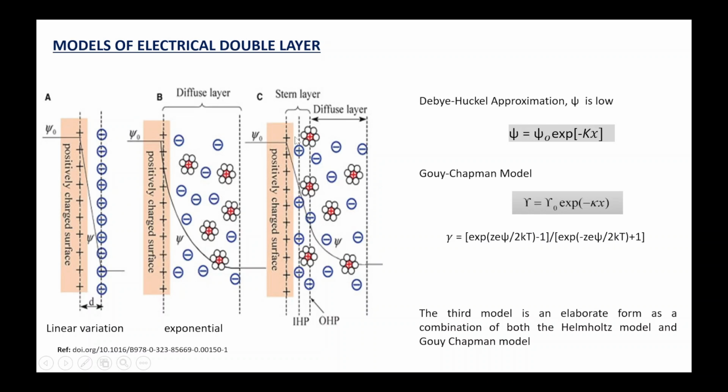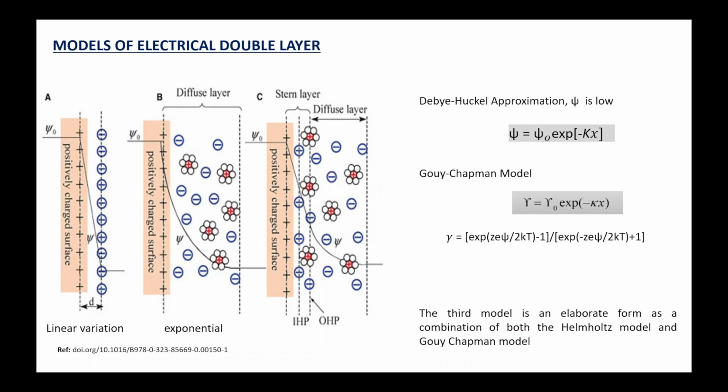If you see the variation of the potential with respect to the distance away from the surface, up to this position where my cursor is pointing, the potential is decreasing linearly. Then after this particular distance, the potential is decreasing exponentially.